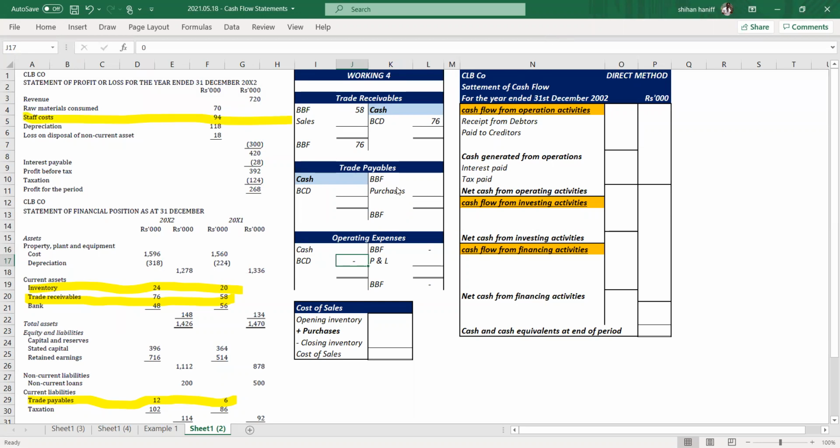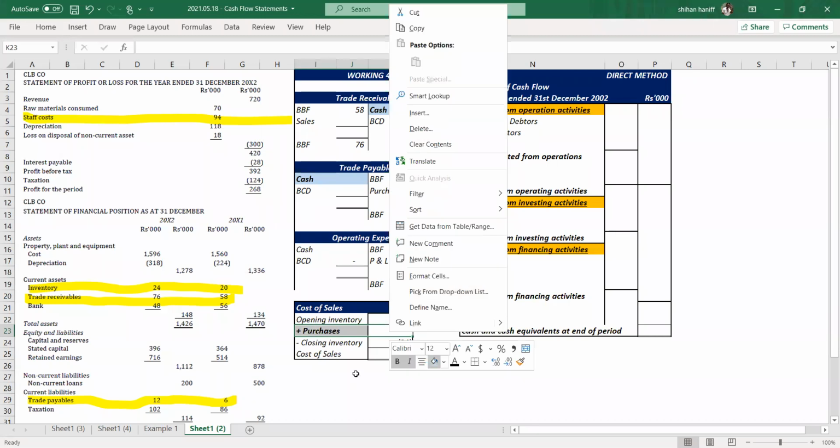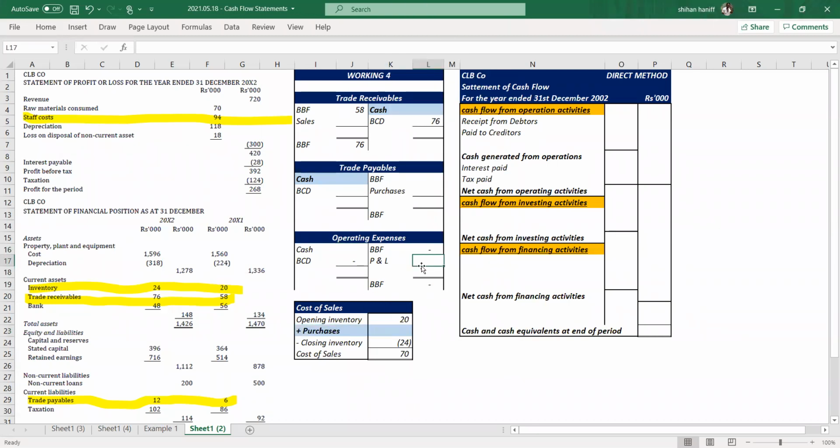Purchases not given, so you need to make the cost of sales calculation. Through that only you have to calculate the purchases. Cost of sales means raw material consumed. Opening stock is 20. Closing stock is 20. So find out the purchases. Can you all complete this?